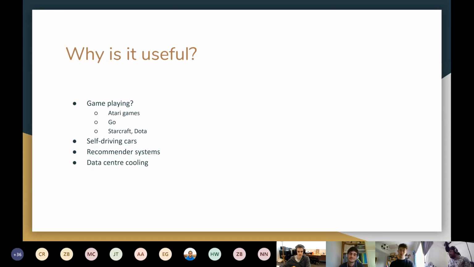And finally, I think ultimately, reinforcement learning is a pretty young field that's growing pretty fast. So I think the main reason it's interesting is that the potential for what it could achieve in future just seems really big. People hype up a lot the idea of artificial general intelligence, making programs that are as smart as humans.